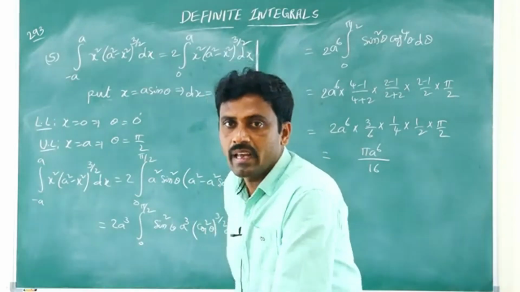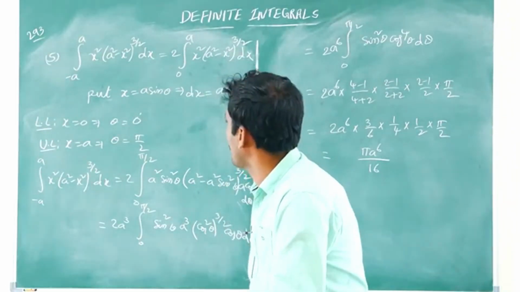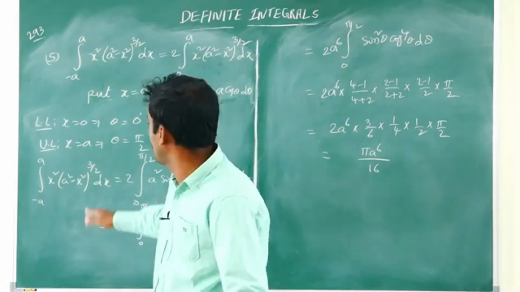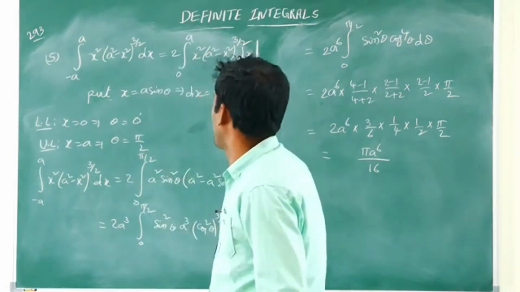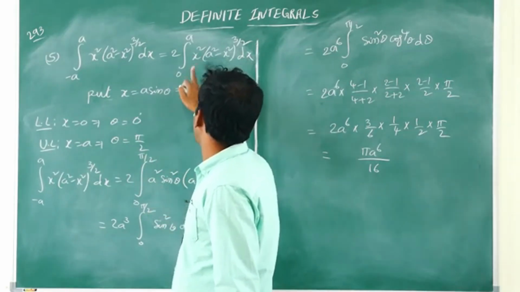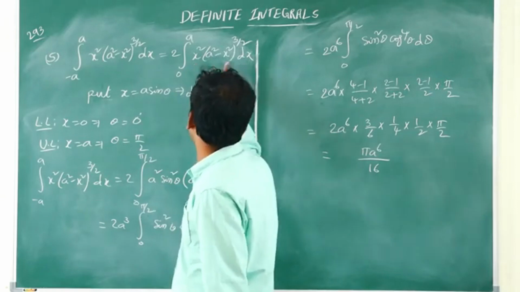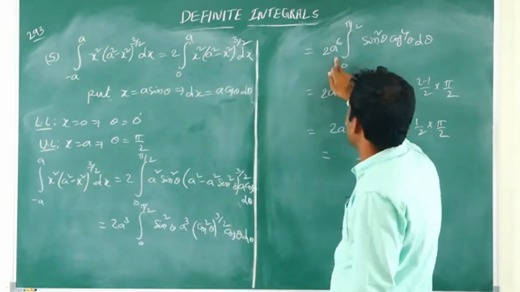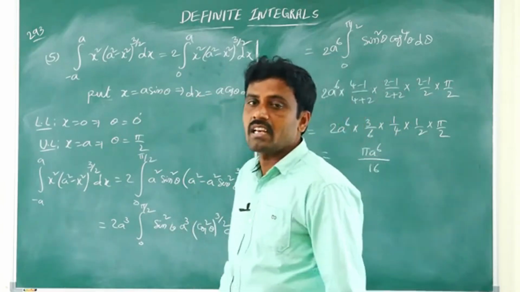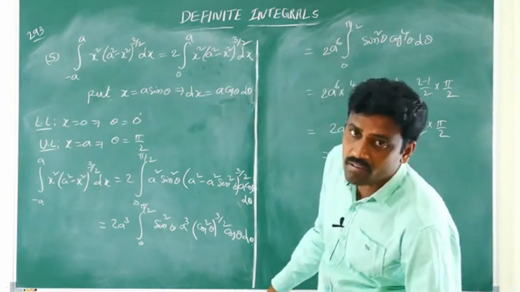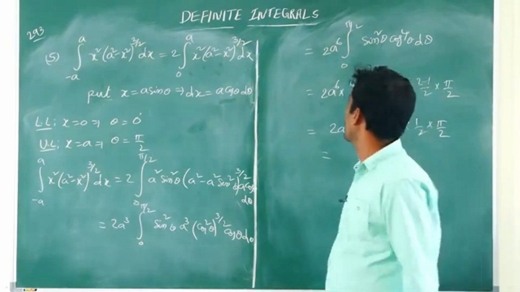Lower limit x equal to 0 gives theta equal to 0. Upper limit x equal to a gives theta equal to pi by 2. Therefore 2 into integral 0 to pi by 2 of a square sin square theta (a square minus a square sin square theta), with dx equal to a cos theta d theta. That implies 2 into a power 6 sin square theta cos power 4 theta d theta.